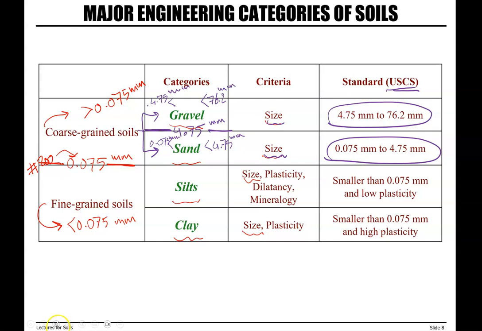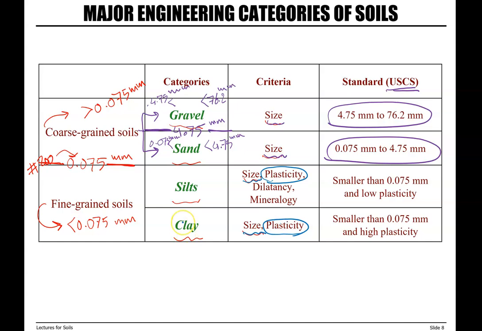Now, for fine grained soil, we have size. Based on size, particles smaller than 0.075 millimeters are considered fine grained soil. But the next criteria that we need to use is plasticity.